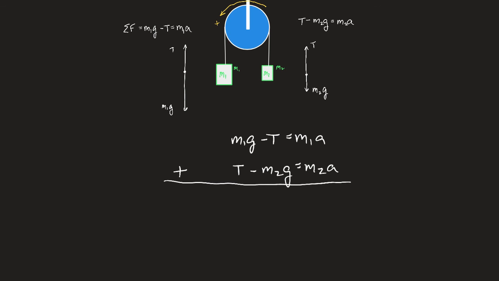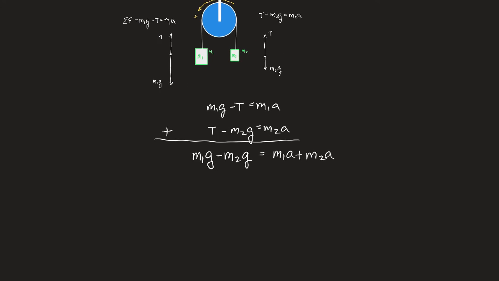If I add these two equations together, the right side gives me M1A plus M2A. Do you see that the T's cancel on the left side? So I have a positive T and a negative T. Now, this shouldn't be a terrible surprise, but every year I have students who just, I don't know.